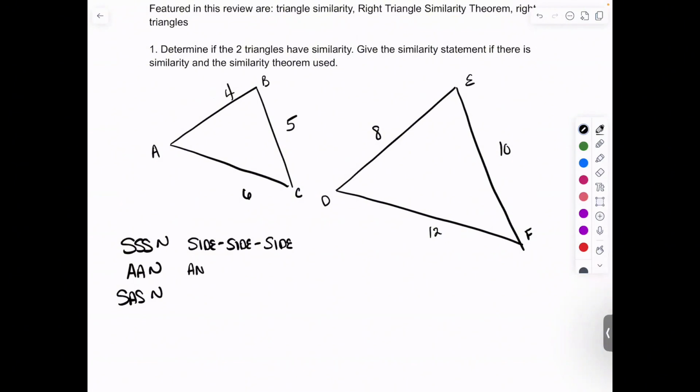And when we know nothing about the angles, that essentially removes those two as options. So we're looking at triple side here.